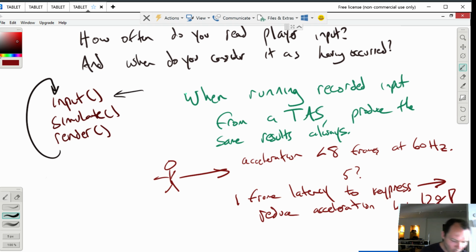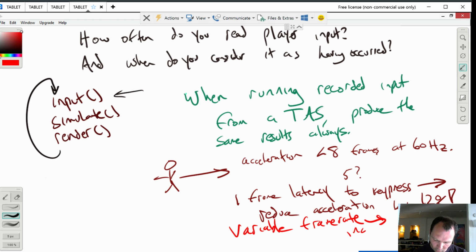If you have a variable frame rate and you're handling input once per frame, that means inconsistent feeling acceleration.